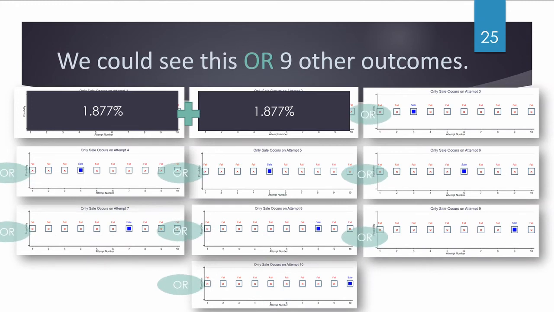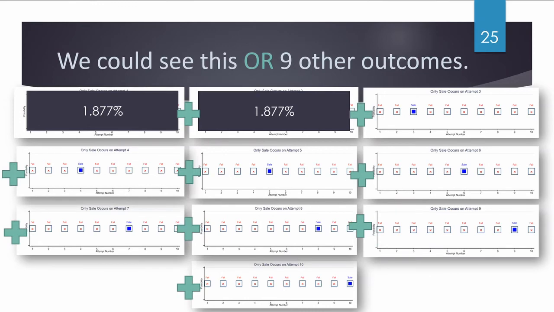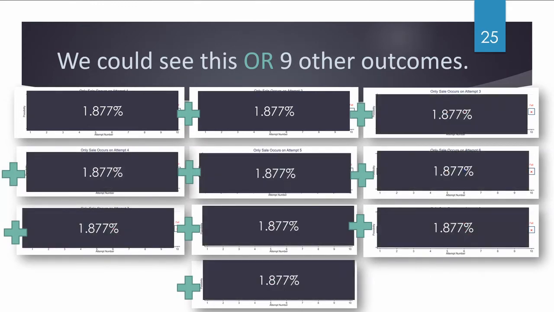But as we've seen, the probability of any one of these occurring is 1.877%.